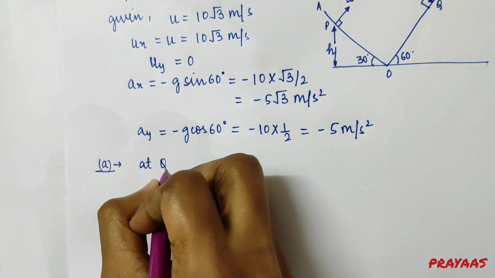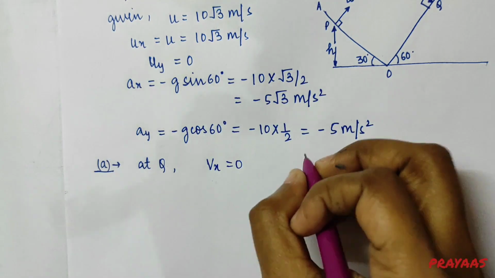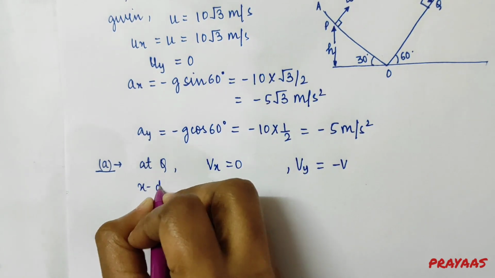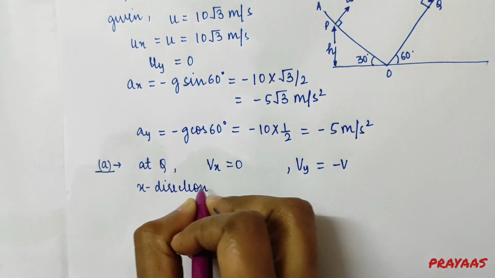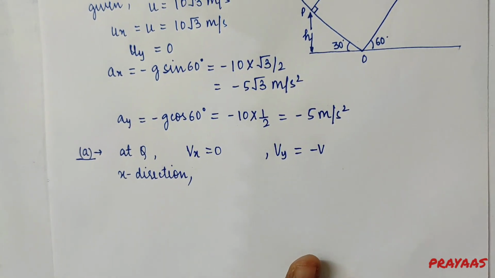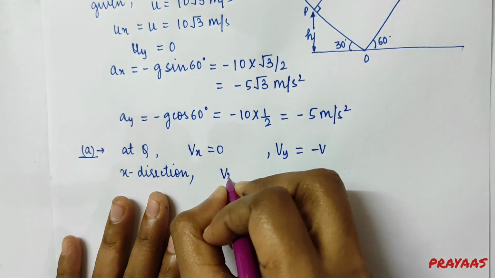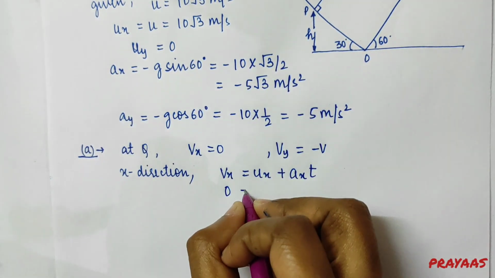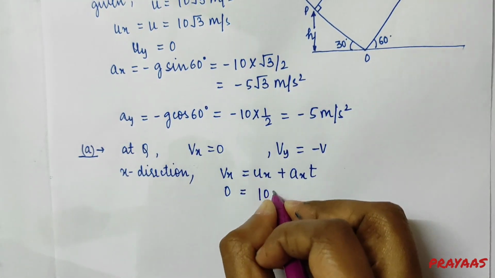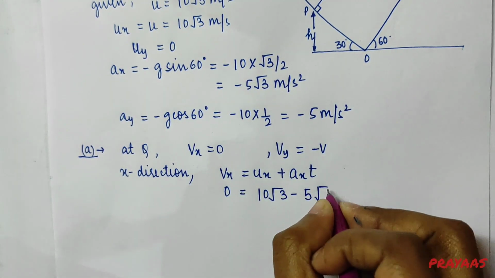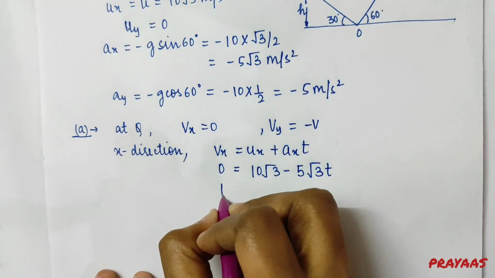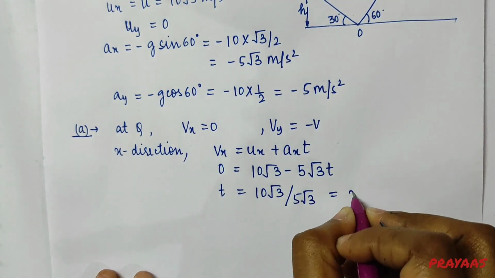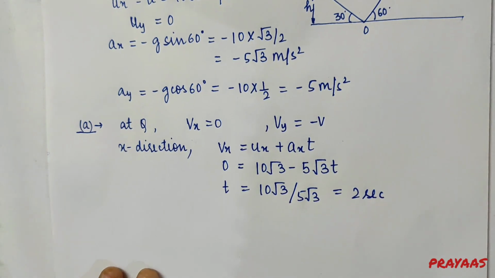So at Q, Vx is 0 and Vy is equal to minus V. At Q in the x direction, I am going to apply the first equation of motion, Vx equals Ux plus Ax into T. Vx is 0, Ux is 10 root 3, so 0 equals 10 root 3 minus 5 root 3 into T. So T will be 10 root 3 by 5 root 3, that is 2 seconds. So the time of flight will be 2 seconds.